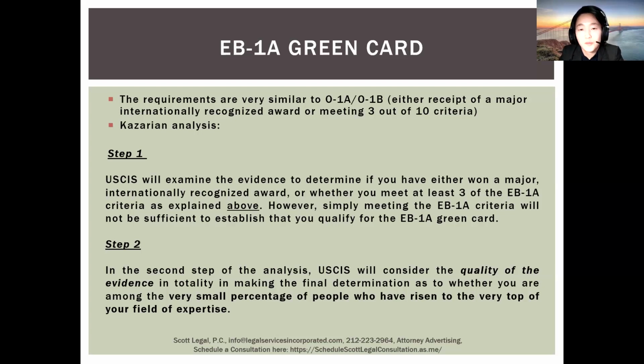And really, does this person have a volume of evidence that is commensurate with the level the EB-1A criteria is looking for? So does the quantity and quality of the evidence paint a persuasive picture of someone who has risen to the very top of their field and is recognized among their peers in the industry, that is shown through extensive documentation?